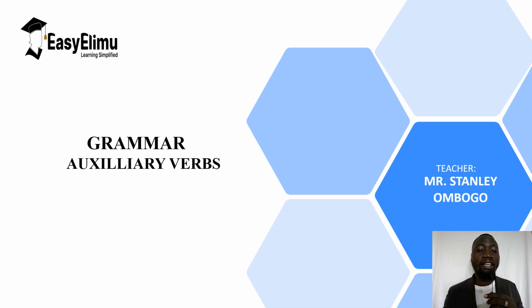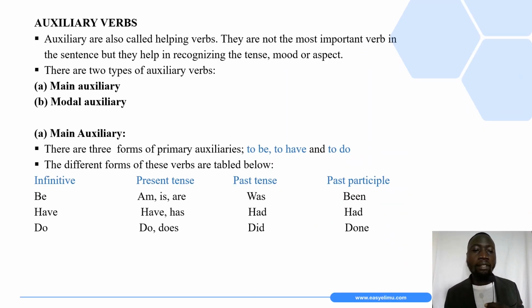That is, we started by defining lexical verbs, and we said that they are primary verbs or action verbs in a sentence, and we gave examples, that is words like run, walk, think, talk, and so on. So I promised to take you through auxiliary verbs, and the time is now here.